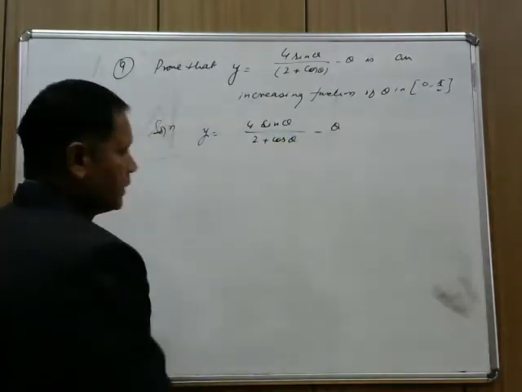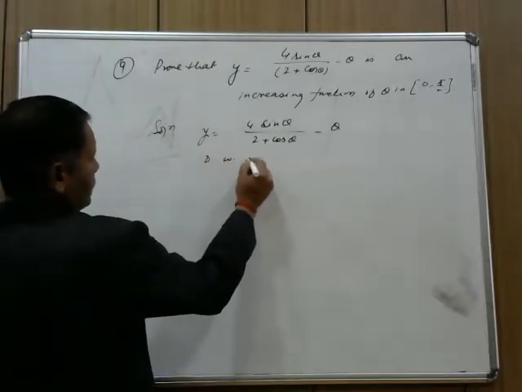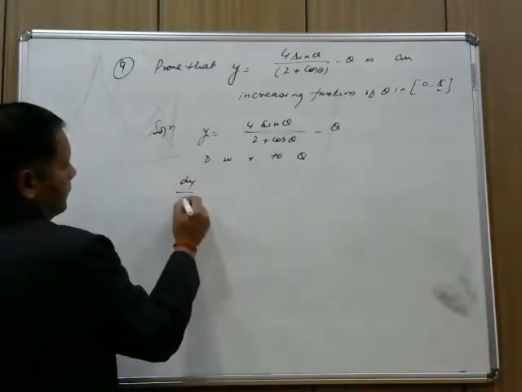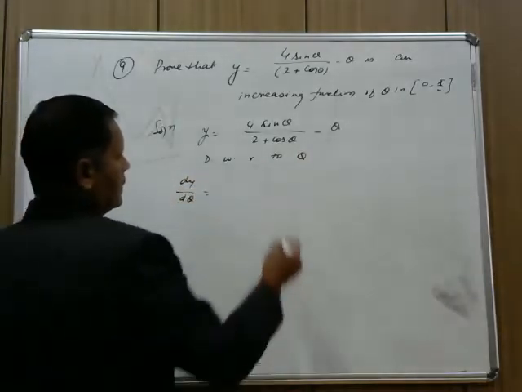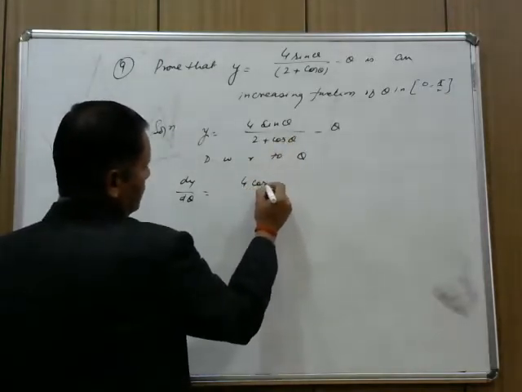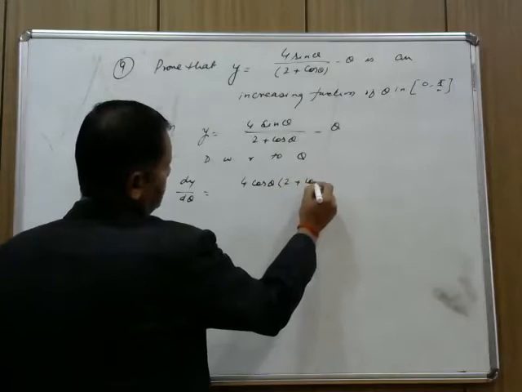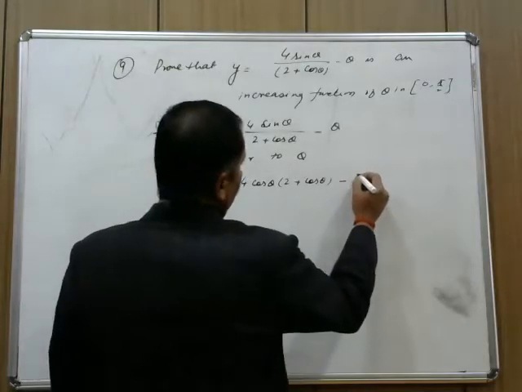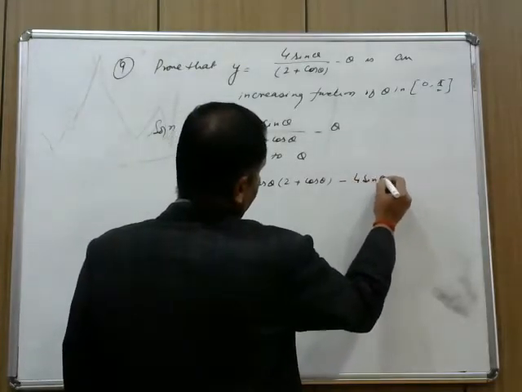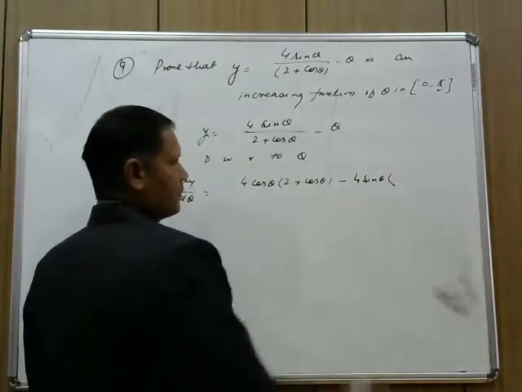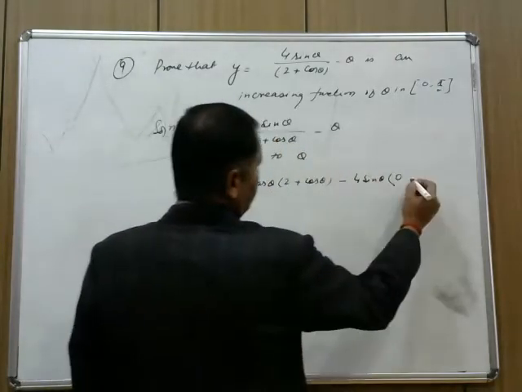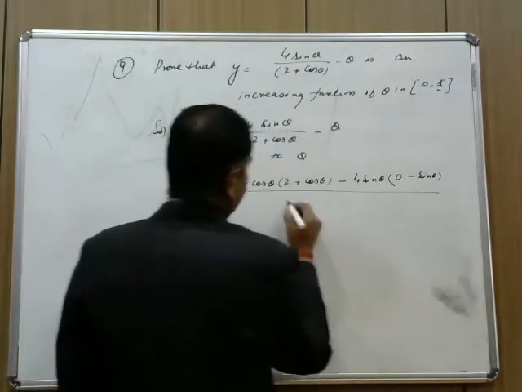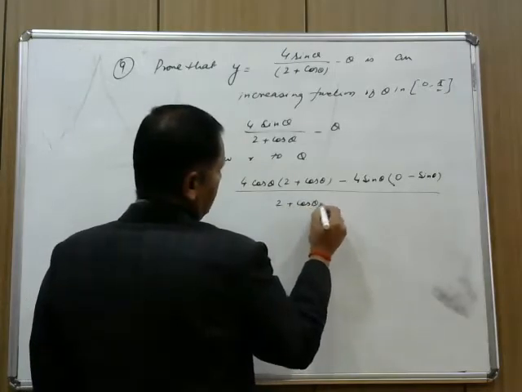First of all, differentiate with respect to theta, both the sides. Now dy by d theta is equal to, differentiation of 4 sin theta will give 4 cos theta into 2 plus cos theta as it is, minus 4 sin theta into differentiation of 2 plus cos theta, differentiation of 2 will be 0, cos theta will be minus sin theta, whole divided by 2 plus cos theta whole square.